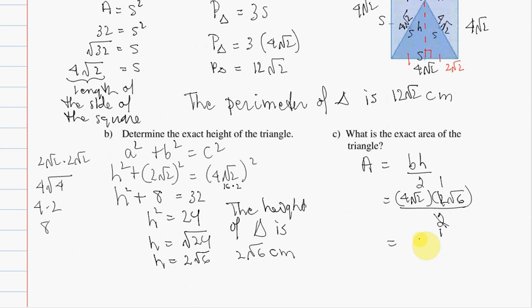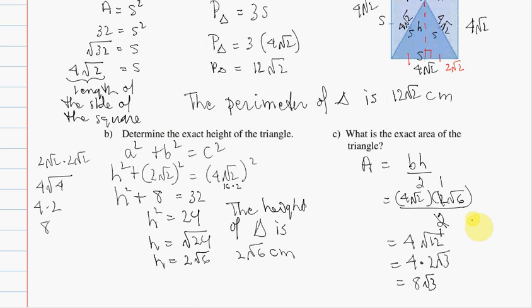So we are left with 4 times 1 is 4. Root 2 times root 6 is root 12. Divided by 1, so we just leave that as 4 root 12. And then we will simplify and get 4 times 2 root 3, because 2 root 3 is the same as root 12, and we get 8 root 3.